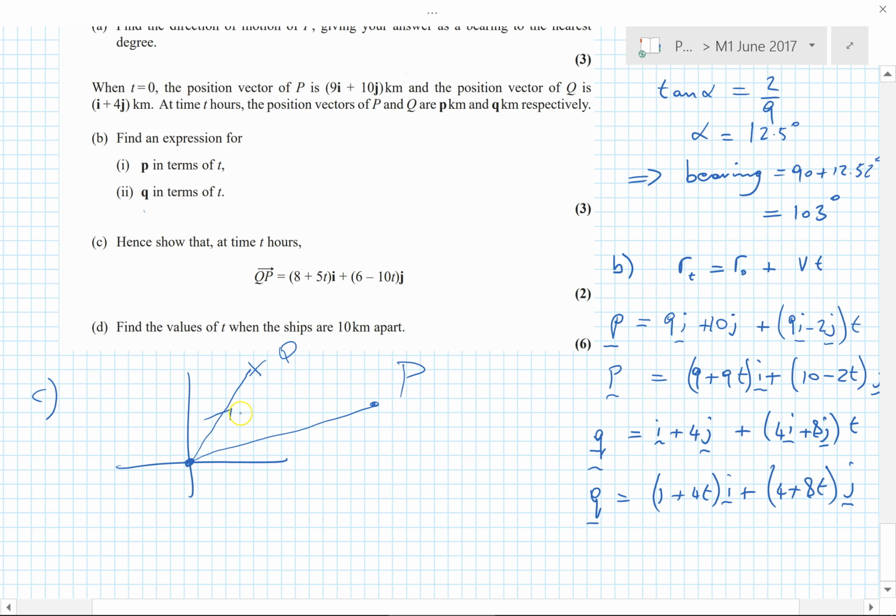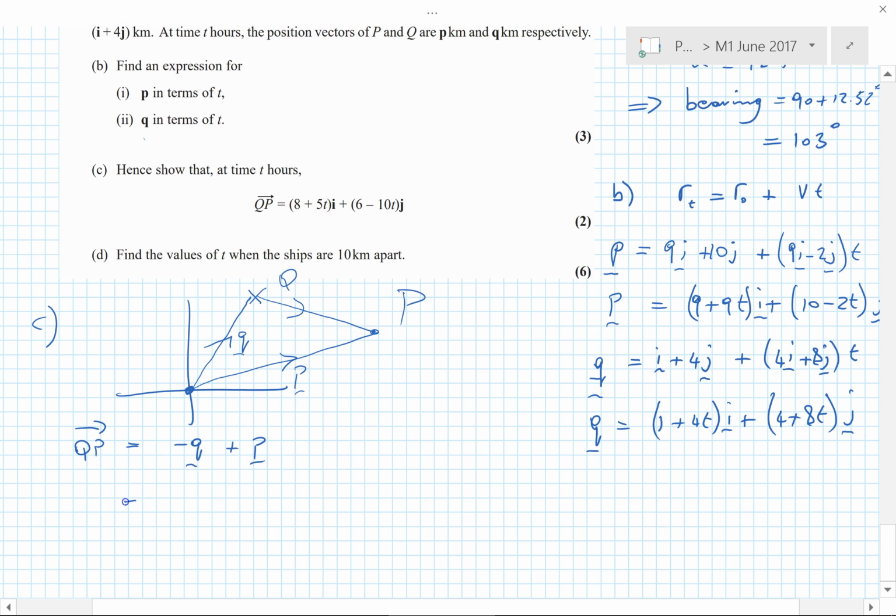This is the position vector of Q. This is the position vector of P as it's been set up. We want QP. So QP, so that we've got the right way round, is equal to minus Q plus P.